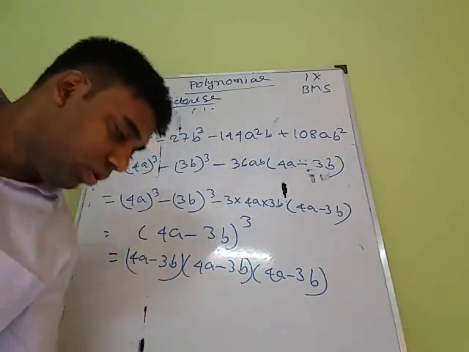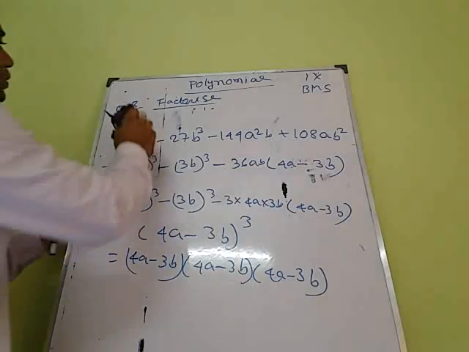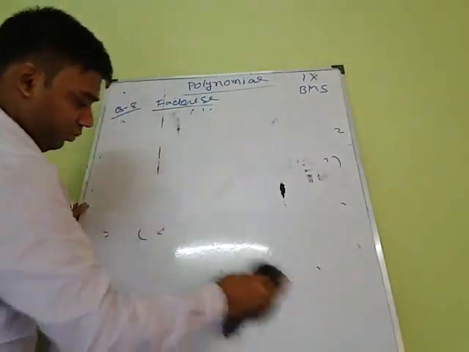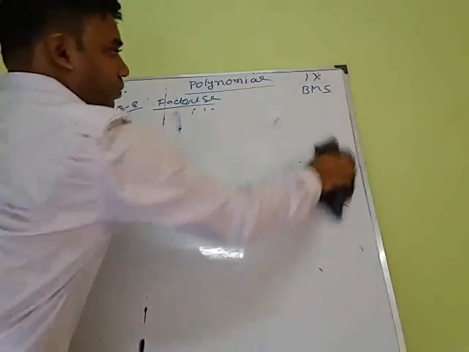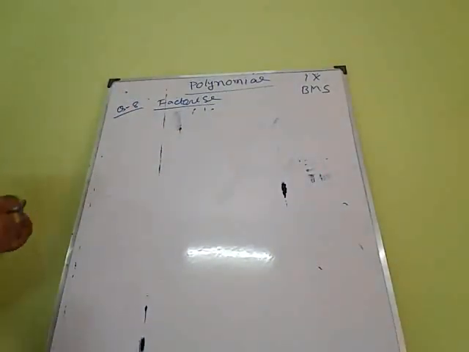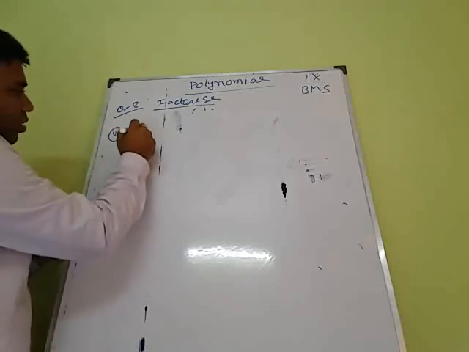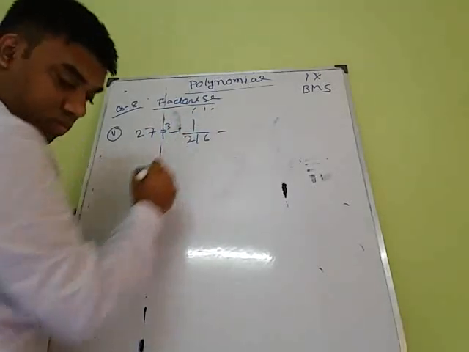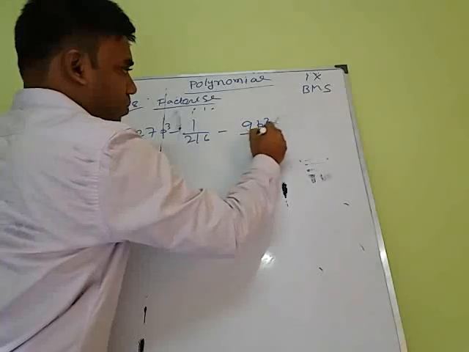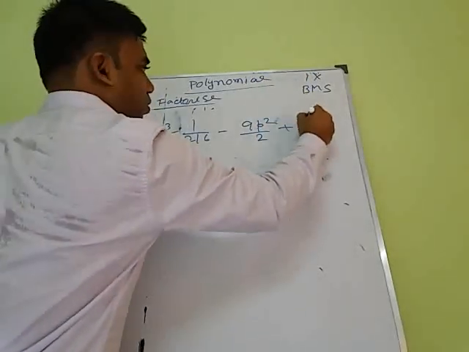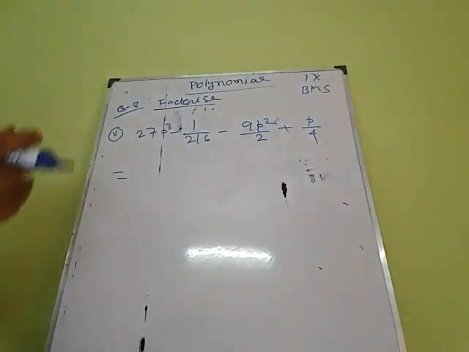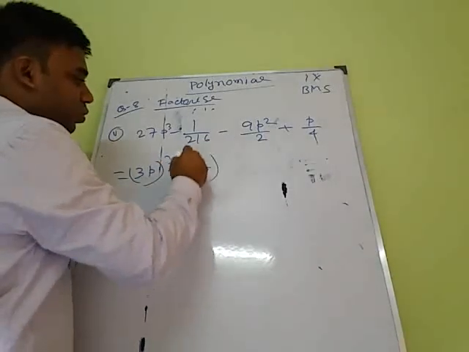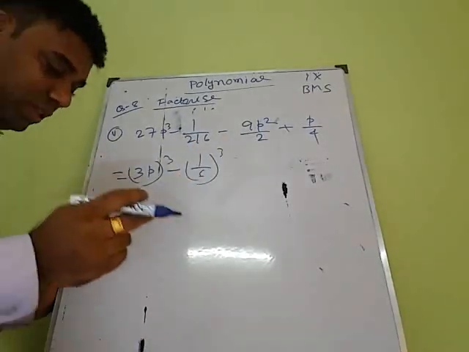Now the last part of this question number 8, that is part 5. 27p cube is given, so 27 means 3 cube, that is (3p) whole cube minus (1/6) whole cube, since 6 into 6 is 36, 36 into 6 is 216.